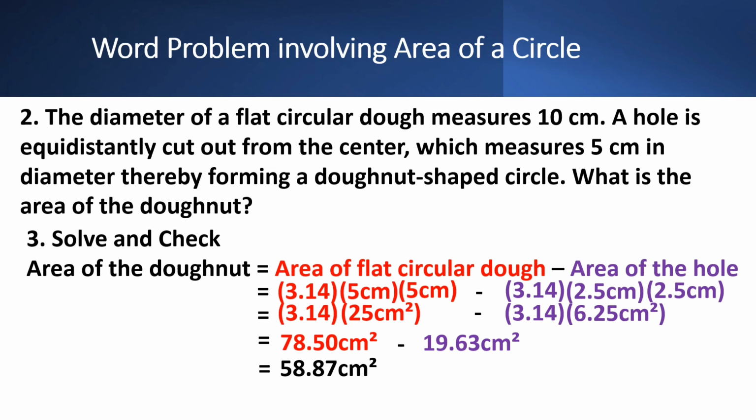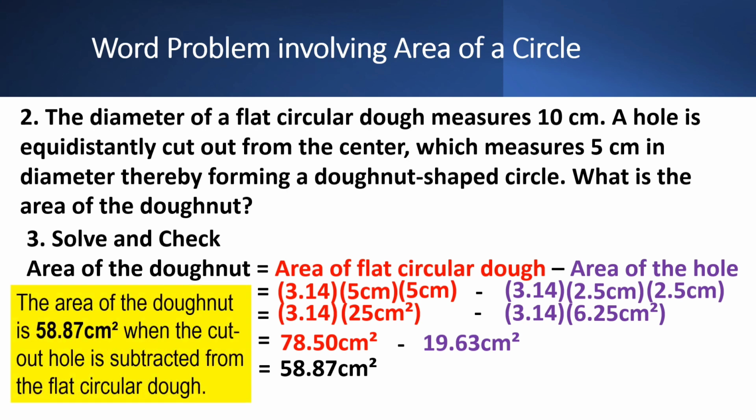Merong exponent na 2. So, therefore, our final answer is, the complete answer is, the area of the donut is 58.87 centimeter squared when the cutout hole is subtracted from the flat circular dough. Oh, simple lang, di ba?